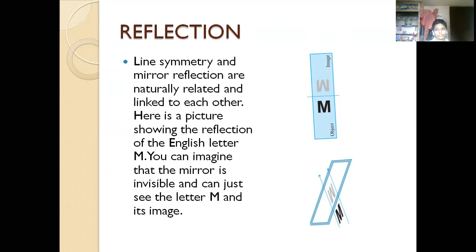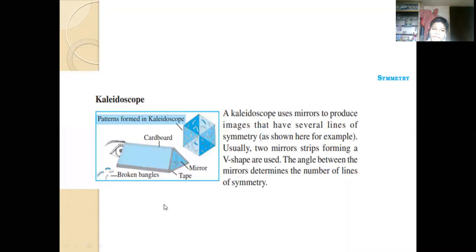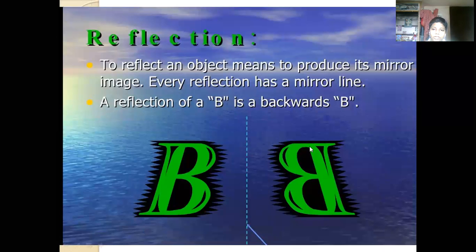One example I will be giving you. In an ambulance, you know that the letters are written in mirror image. See, like this. If it is B, in the ambulance it will be written like this.